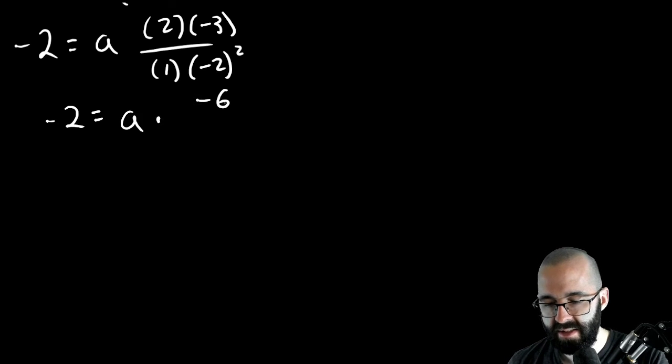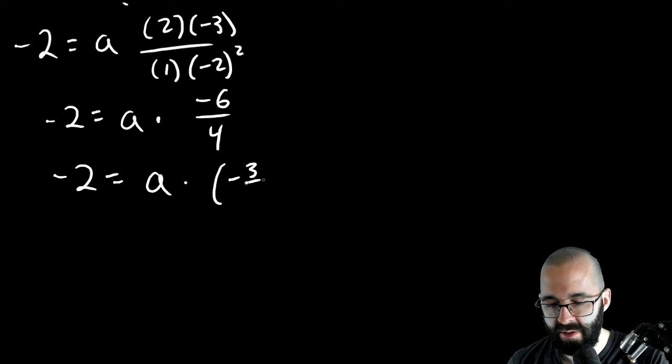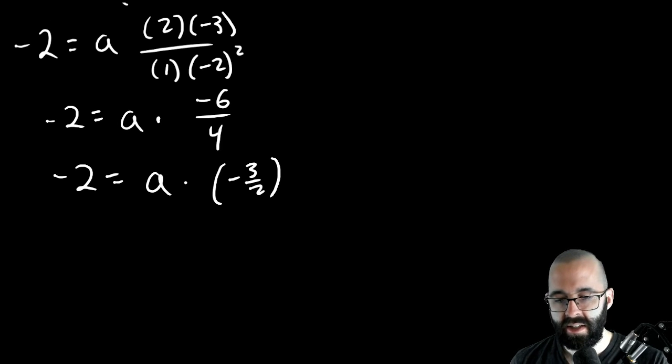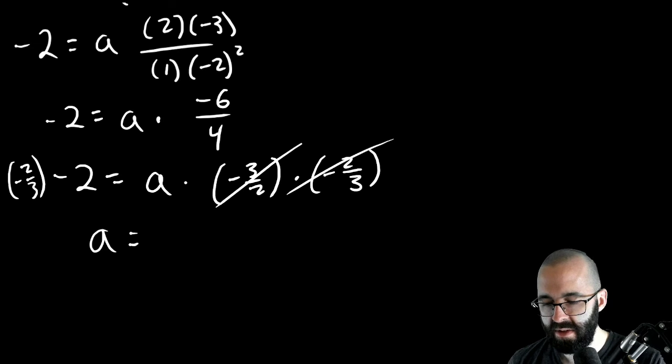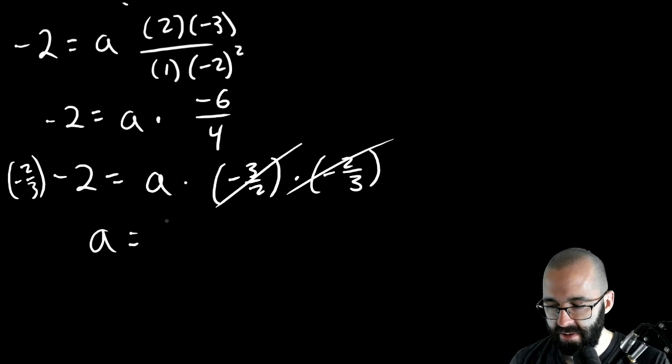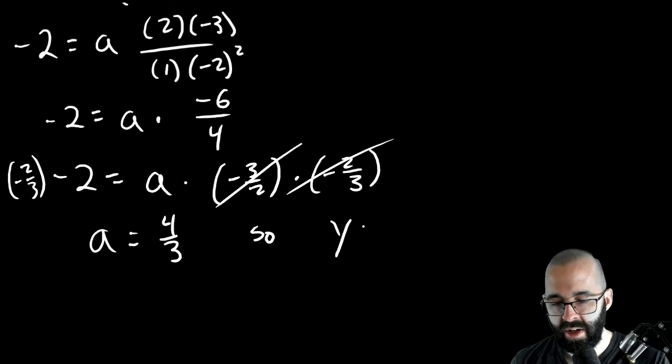This becomes -6 on the top and +4 on the bottom. -2 is a times -3/2. And multiply both sides by the reciprocal, -2/3. We should get that a becomes +4/3.